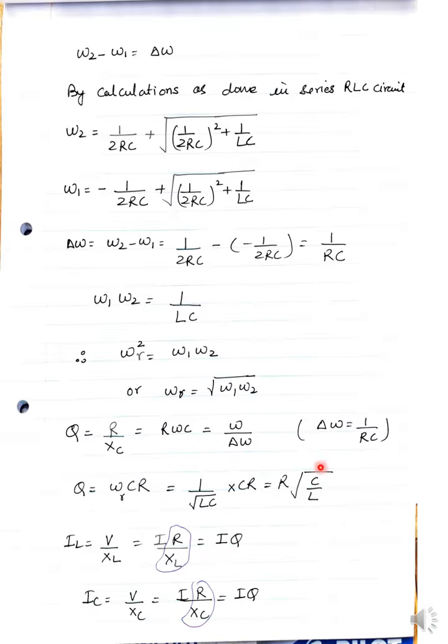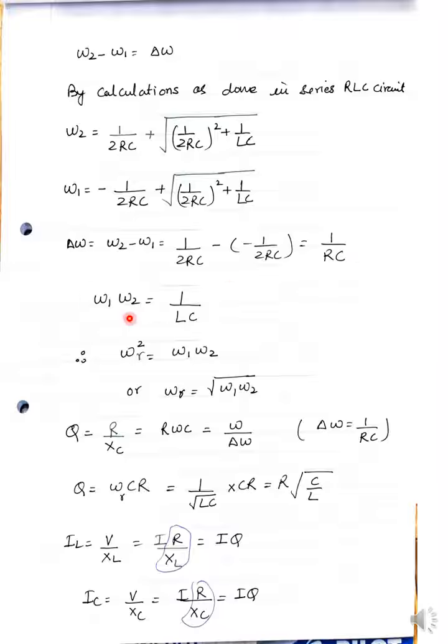So if you need to calculate omega 2 minus omega 1 equals delta omega, the bandwidth, similar calculations will be used as we did in series RLC circuit. The difference will be that now when you are using impedance, here you are using admittance. So omega 2 will be equal to this, and omega 1 will be equal to this. So omega 2 minus omega 1 will be 1 divided by RC.